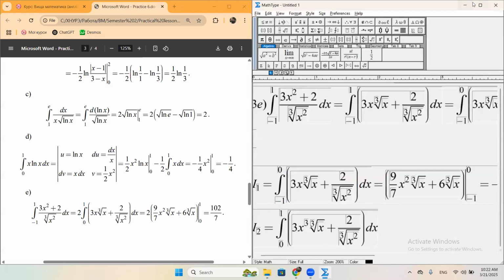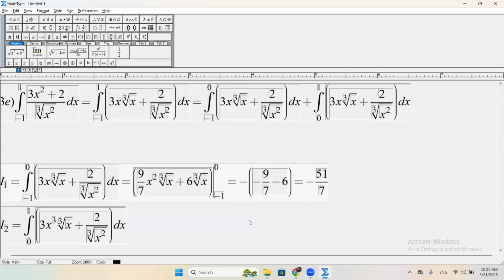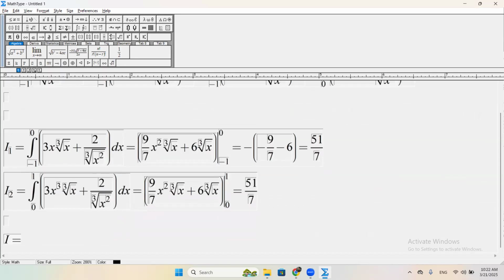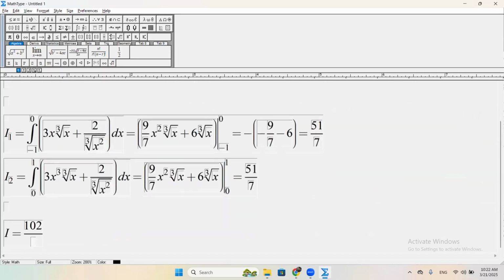Oh, no, not minus, but 51 over 7. Yeah, because my minus goes away here. Actually, this integral is calculated analogically, but here we will have 51 over 7. And the final result is I equals 102 over 7. Any questions about this exercise?